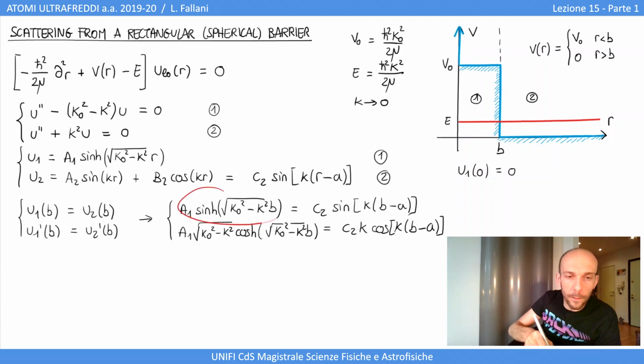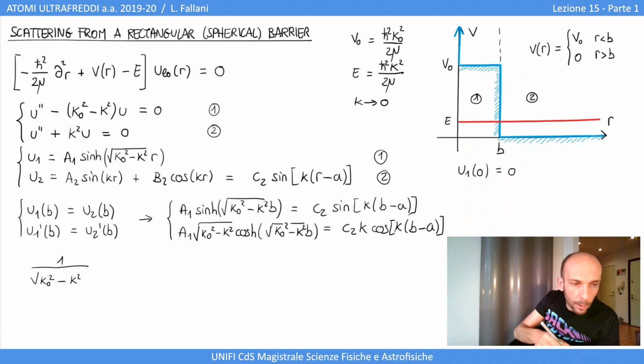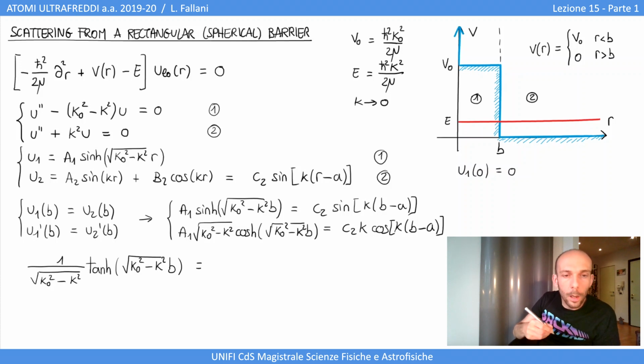So we divide this term by this term, and we get 1 divided by square root of k0 square minus k square times the hyperbolic tangent of square root of k0 square minus k square times b equal to 1 divided by k. So we do the same for the right hand side, tangent of k times (b minus a).